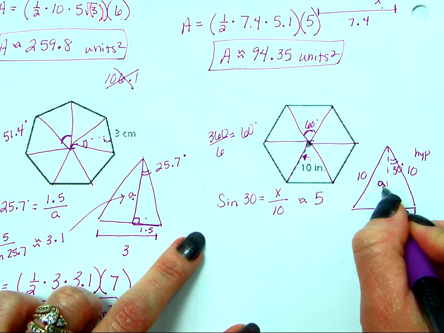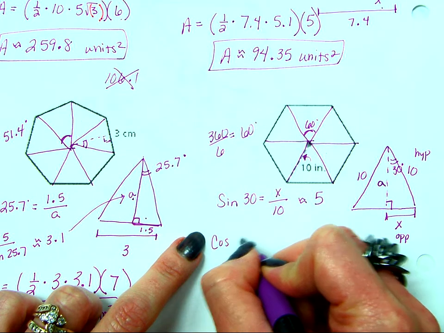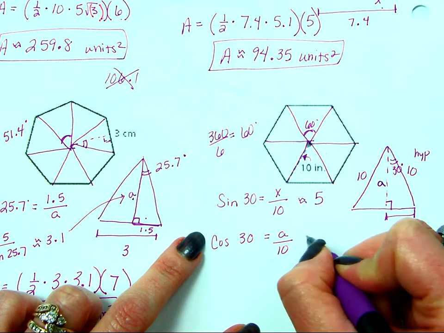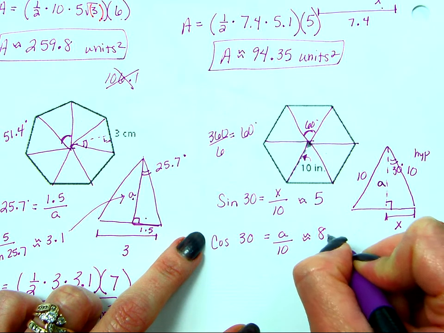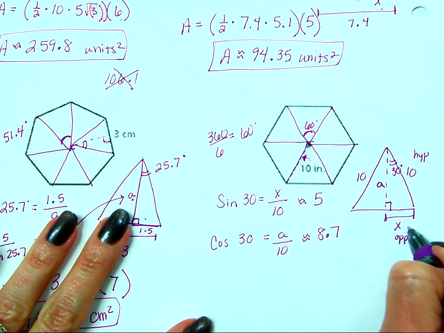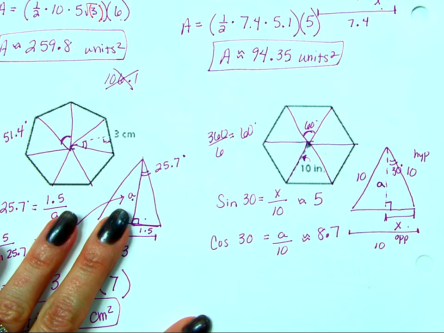Now to find A, which is adjacent, I still could use my hypotenuse. I could use cosine. And we would find that we get about 8.7. What does that mean? Well, if x is 5, it means the whole base of my triangle is actually going to be 10.